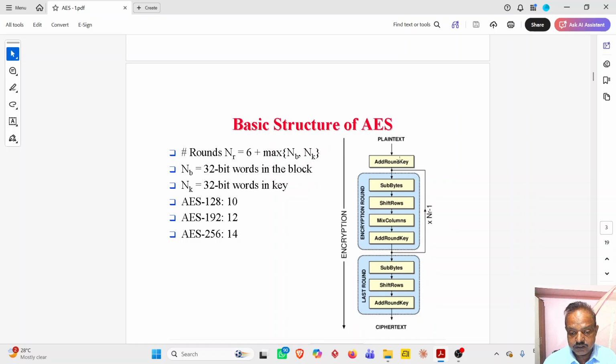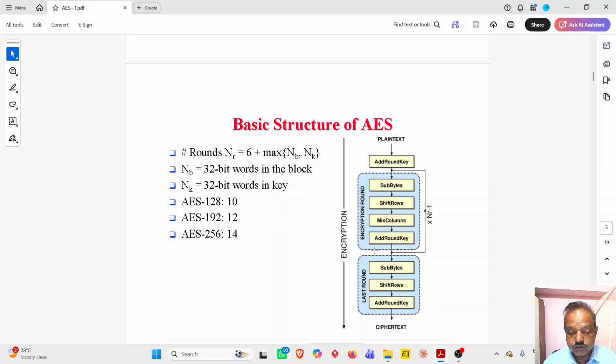The first round is only adding the round key. The remaining 9 rounds will be there, and the last one. Because it is 10, 9 will be applied, and then the 10th. The operations you can see are SubBytes, ShiftRows, MixColumns and AddRoundKey.